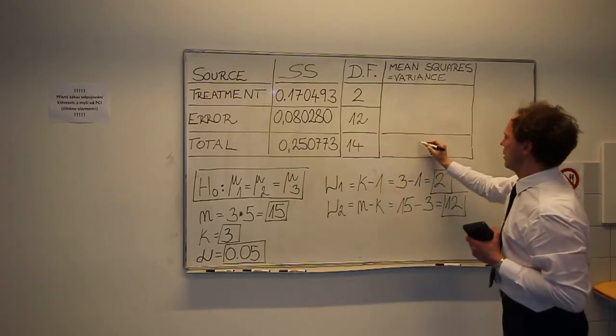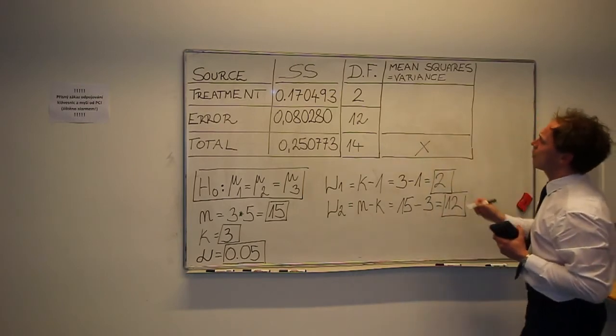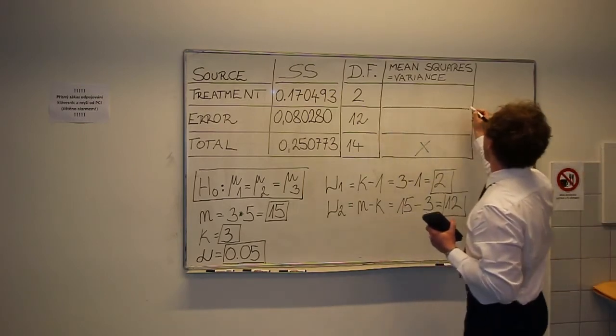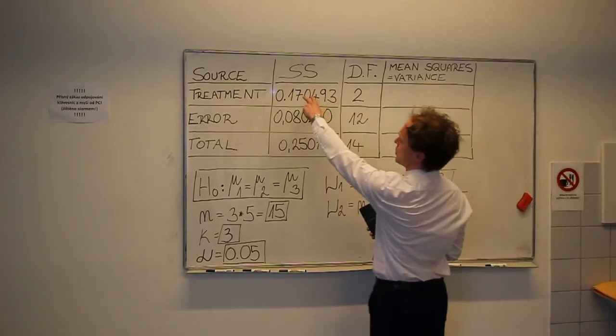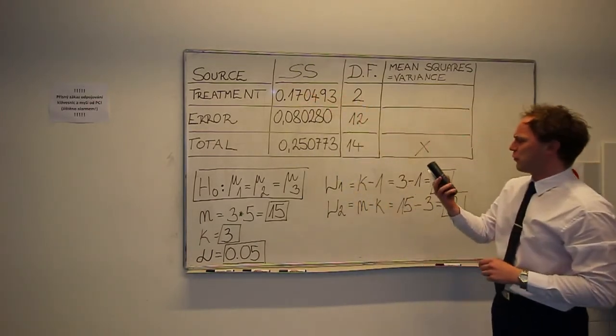There it's not necessary to calculate anything. The value will be calculated as a ratio of sum of squares and degrees of freedom.